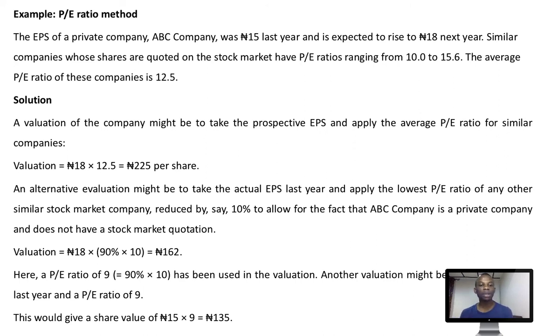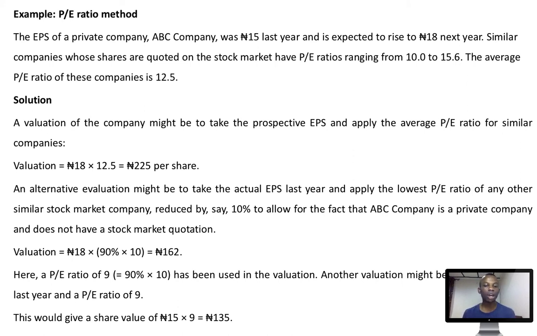But you can't necessarily use this value to place on the company, because the company is a risky company as long as it's not quoted in the stock market. For companies quoted in the stock market, shareholders can easily sell their shares. For a private company, shareholders can't sell their shares in the stock market. They have to look for someone, and it might be difficult to find someone that wants to buy the shares.